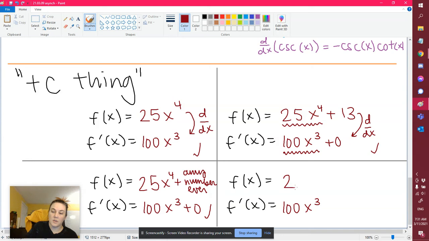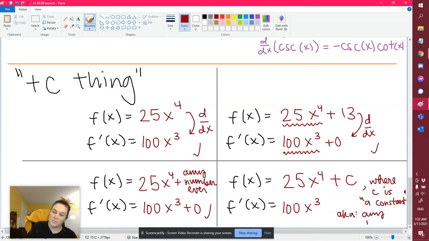So the way we're going to write every single answer is just put a plus c, where c is a constant, aka any number.